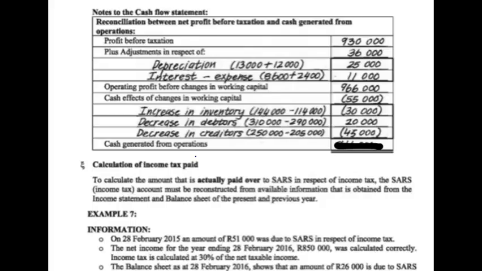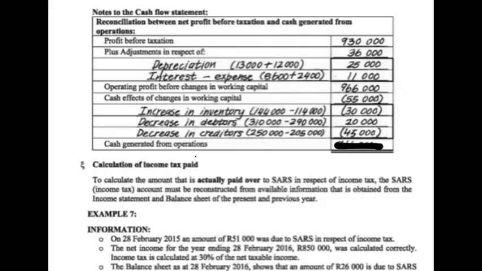Then I go and calculate it. I add up all of my changes in working capital. I add up this block, and I see that my total changes in working capital is an outflow of 55,000 Rand. So in other words, I take my operating profit before changes to working capital, 966,000.